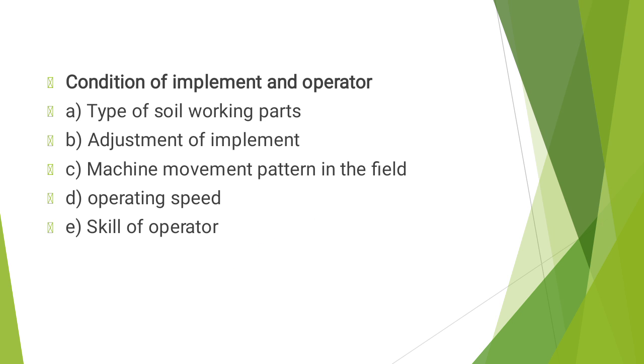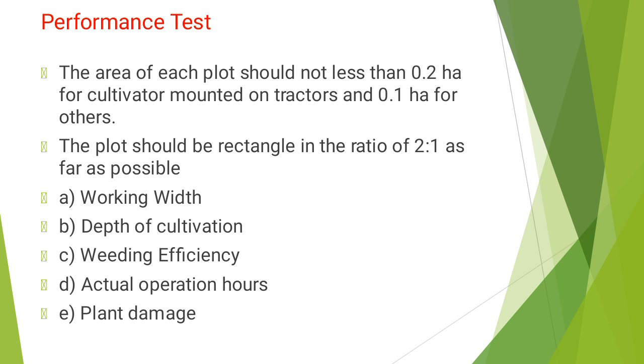Now regarding the condition of the implement and operator: the type of soil working parts, the provision for adjustment of the implement, the machine movement pattern in the field, the available operating speed of the machine, and the skill of the operator.